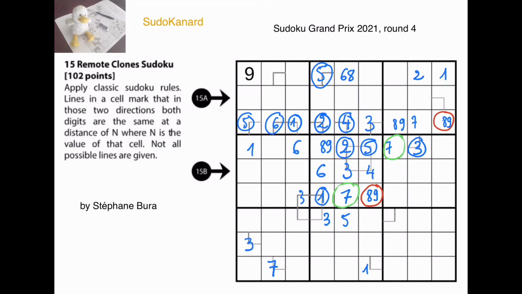Let's have a look at this 3. This 3 tells us that this cell and this cell are the same. So very few candidates left, I think. Only 7 and 8, because it can't be a 3, it can't be a 1, it can't be a 2, it can't be a 4, it can't be a 5 or a 6, it can't be a 9, so this is 7 or 8.